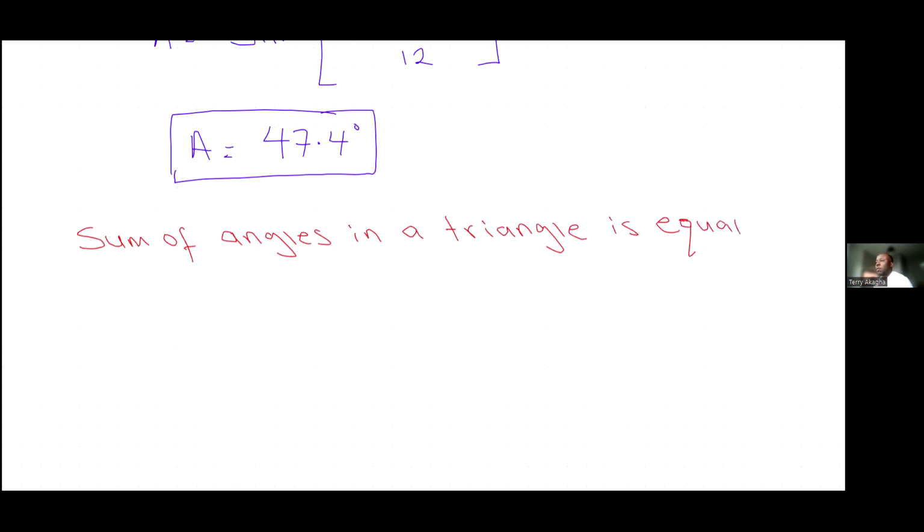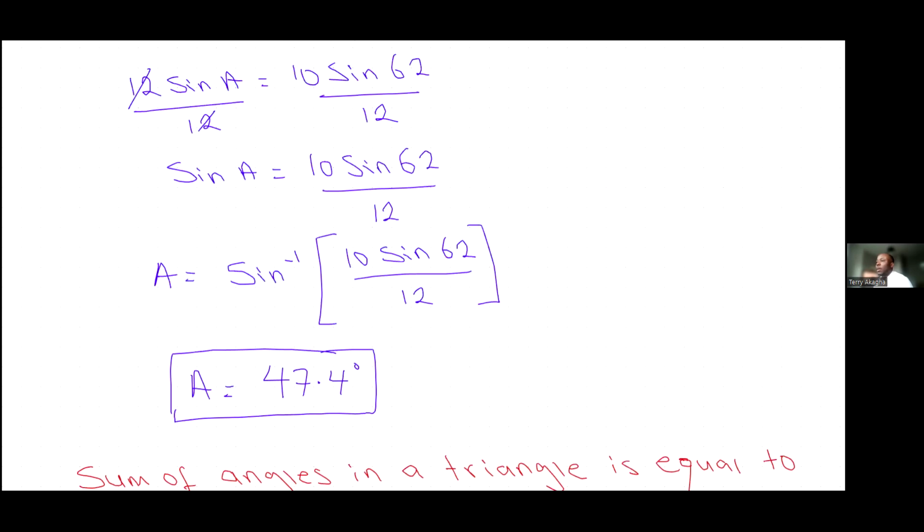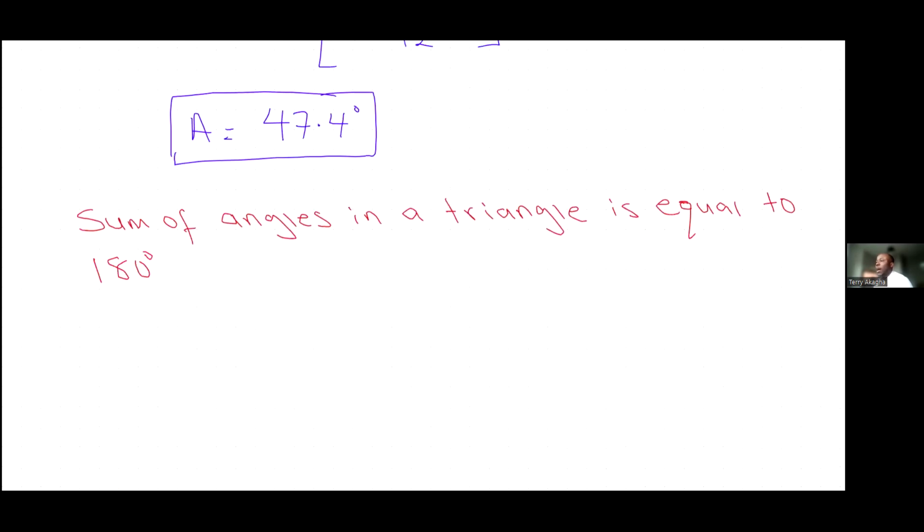So basically, when I add angle A, B, and C, it should give me 180 degrees. So 180 degrees must be equal to angle A plus angle B plus angle C.